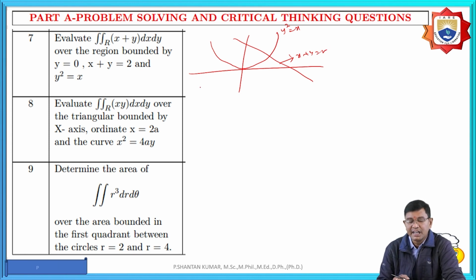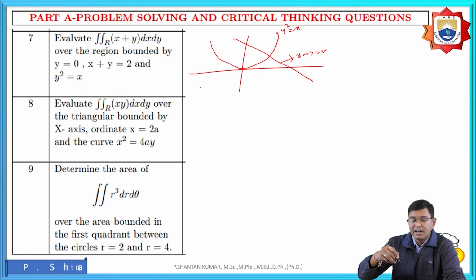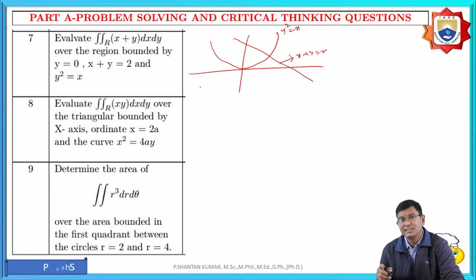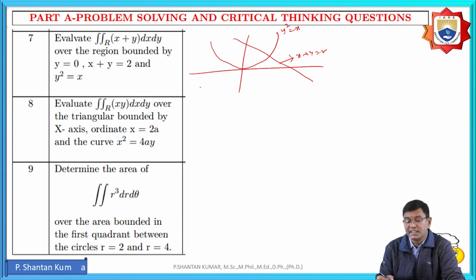It is easy to calculate if we take a vertical strip, since it covers a single portion. If we take a horizontal strip, parallel to the x-axis, it would divide the region into two parts.